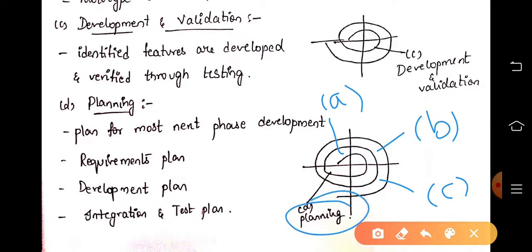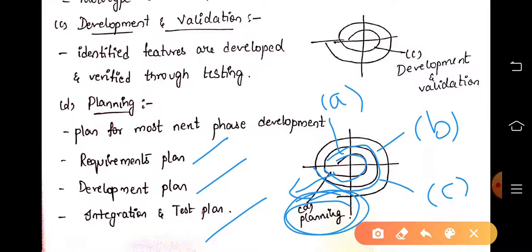Finally we went for planning. Planning is nothing but making a plan for the next phase. We have completed one loop, and in this part we plan for the next loop, which starts from here. For the next loop, what is the requirement plan, what is the development plan, and what is the integration and testing plan. We plan for the next phase in this fourth phase, that is planning.